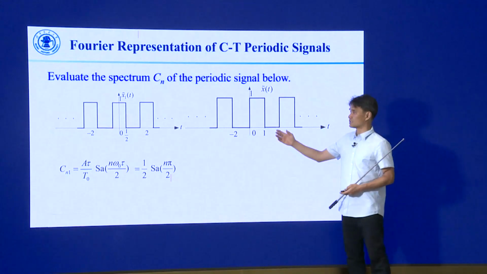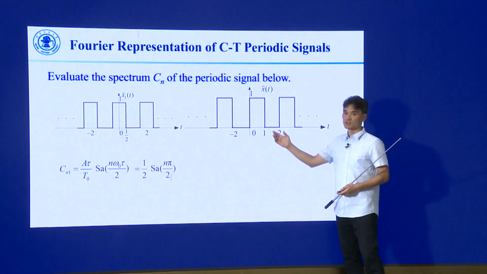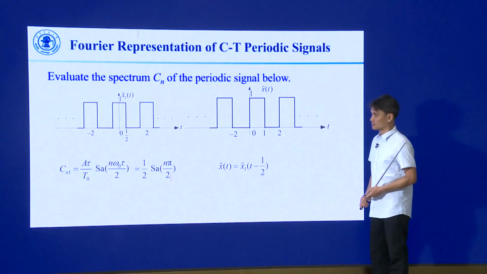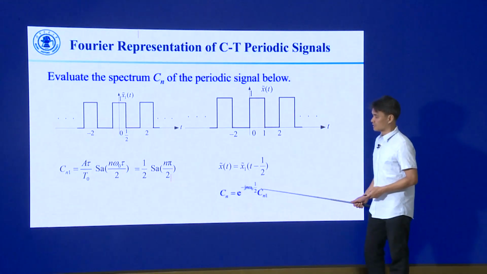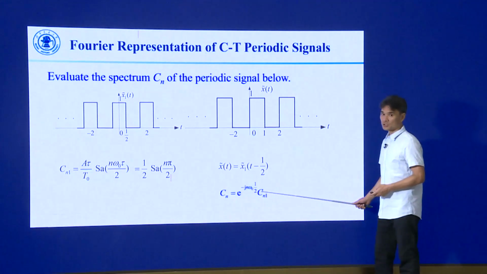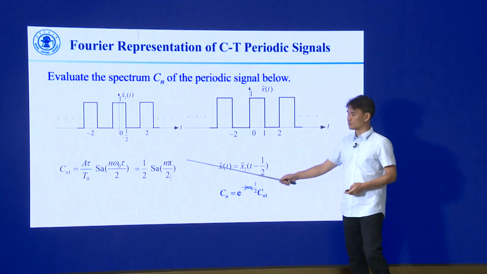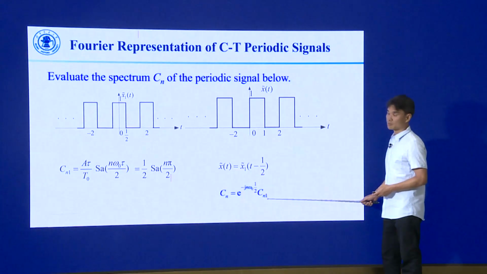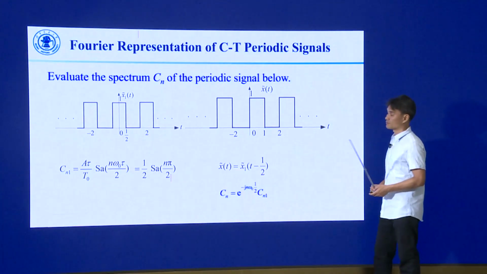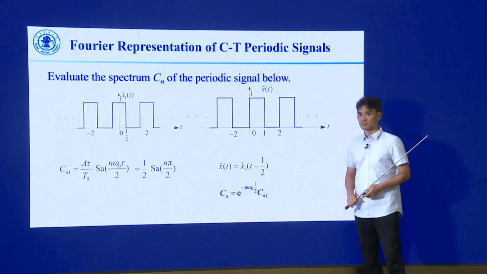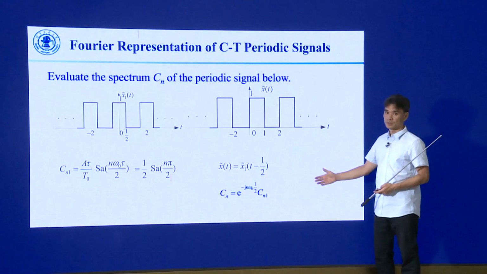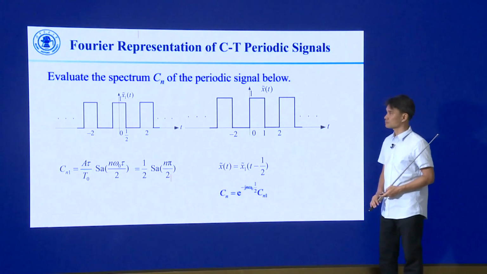And we know that this is the time-shifted version of that rectangle signal. Then the spectrum must be a phase-shifted version of the original spectrum. So here we go. This is the spectrum of this time-shifted rectangle signal. So this property makes our evaluation much simpler.